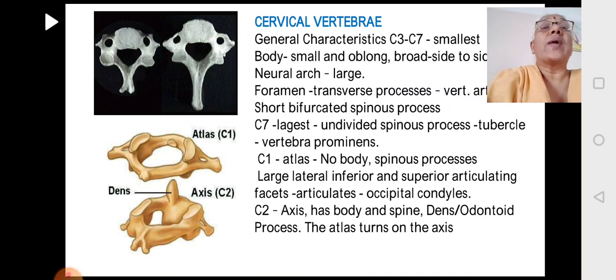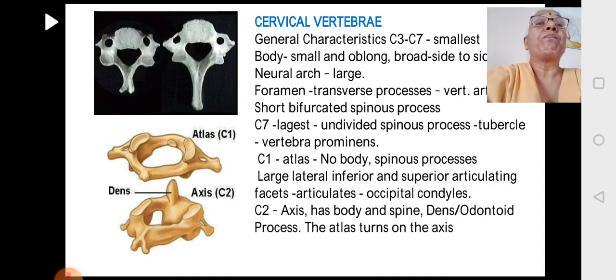Now, if you look at the atlas, on the body there is one facet in the center. It is on this facet that the odontoid process of the second cervical vertebra will sit, and this will help in moving the neck. You can turn your neck right and left because of this odontoid process of the second cervical vertebra, which has an articular facet in the first cervical vertebra.